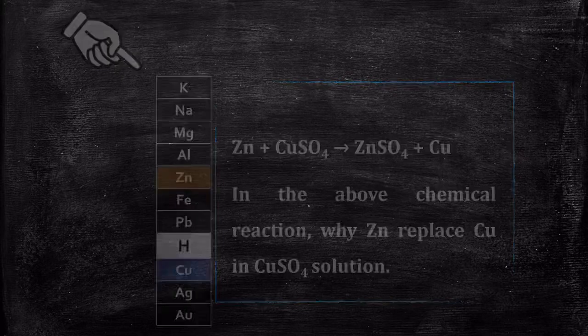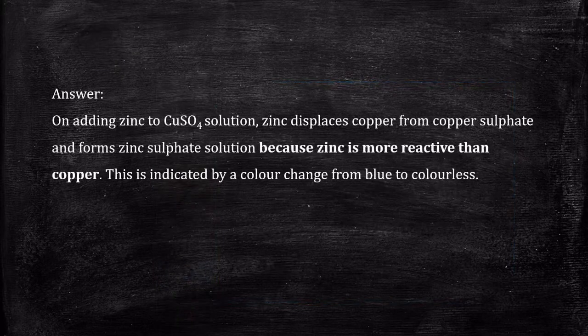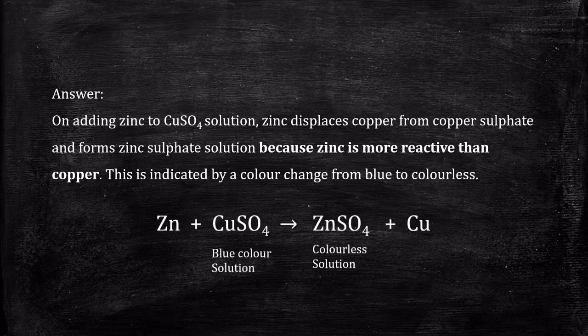So zinc will replace copper in copper sulfate solution and become zinc sulfate. In this reaction, copper sulfate is blue in color. The moment it reacts with zinc, it gives zinc sulfate, which is a colorless solution, plus copper metal.